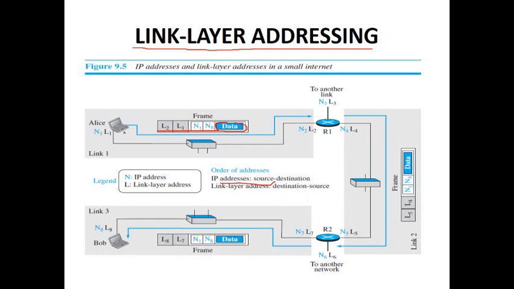Since Alice's system is connected to R1 through the L2 link, that is why we have given L2 as the link address, which is added to this frame, that is, the next device which receives the frame. And as for the order, whenever we see it, the receiver link layer address will always be added first, and next we add the source link layer address.